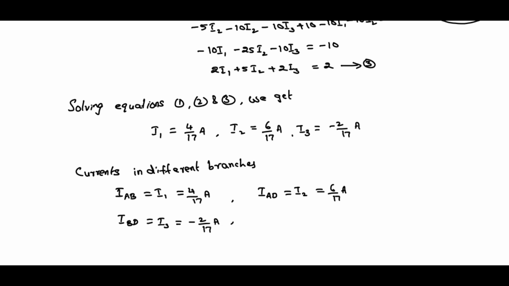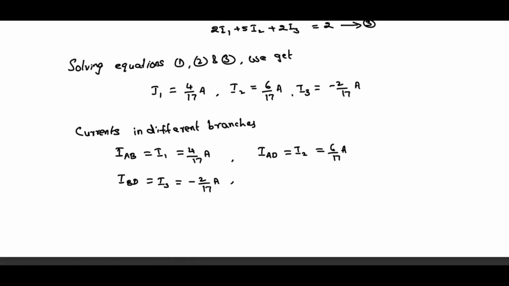So these are the direct ones. But while coming to the current passing through BC is equal to, we have I1 minus I3. So here I1 is 4 by 17 minus I3, minus of minus becomes plus, this value becomes 6 by 17 ampere.